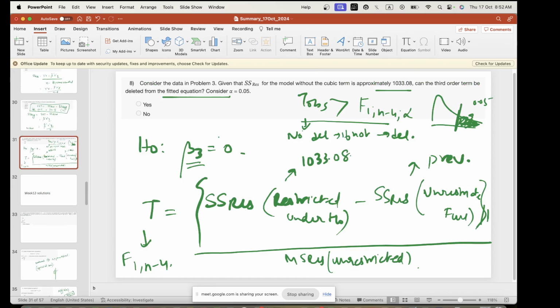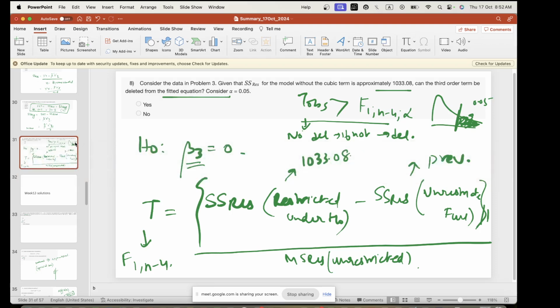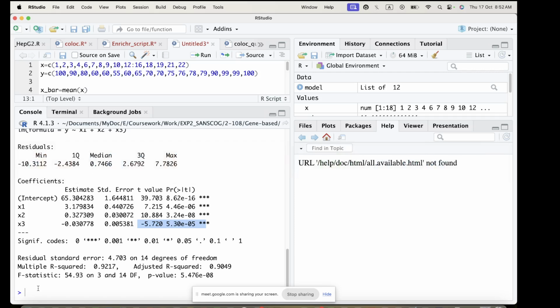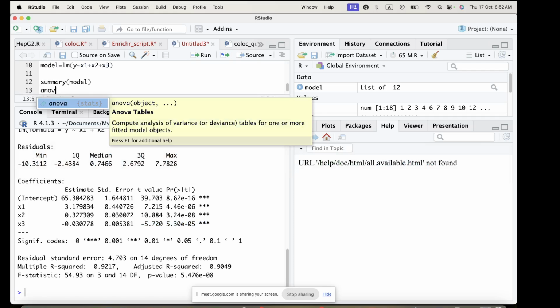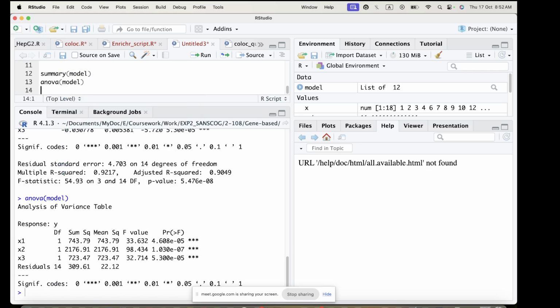But if we try to follow this calculation per se, what we need to do is find out SS regression of the whole model. To do that, if we give ANOVA model, then sum of squares due to residuals is 309.61, okay.